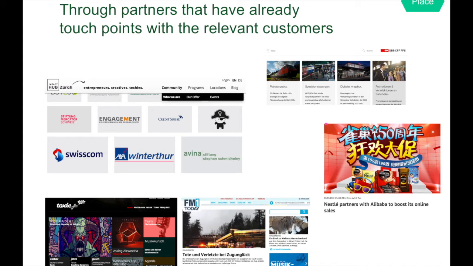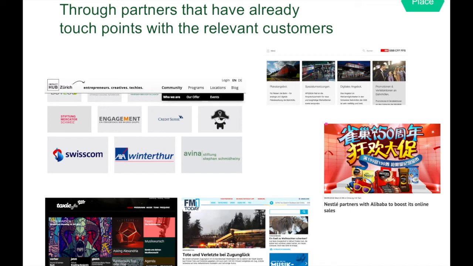On the right-hand side, the somewhat Chinese picture, that's the collaboration between Nestlé and Alibaba. Alibaba is a huge online store, we can say, in China, and it has great understanding of customer behavior. And Nestlé, as a food company, needs to know the customer behavior to offer the right products.